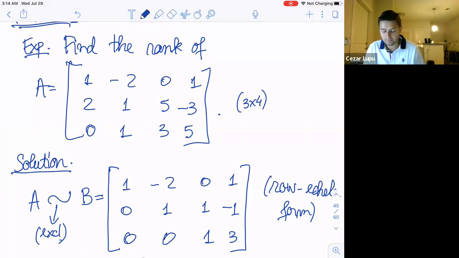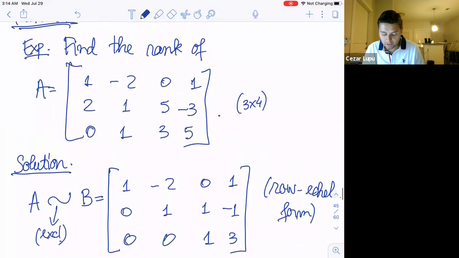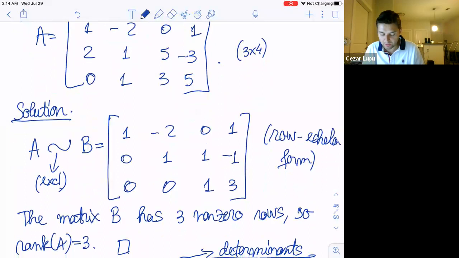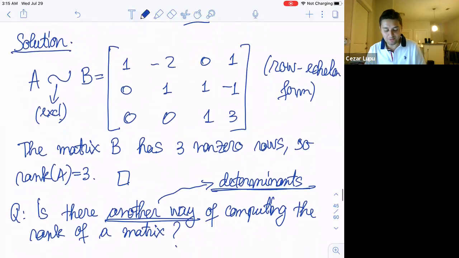Wow. Okay, what can you say here? If you look at this, how many non-zero rows does it have? Well, it has 3 non-zero rows, right? So the rank is 3. Pretty easy, huh?